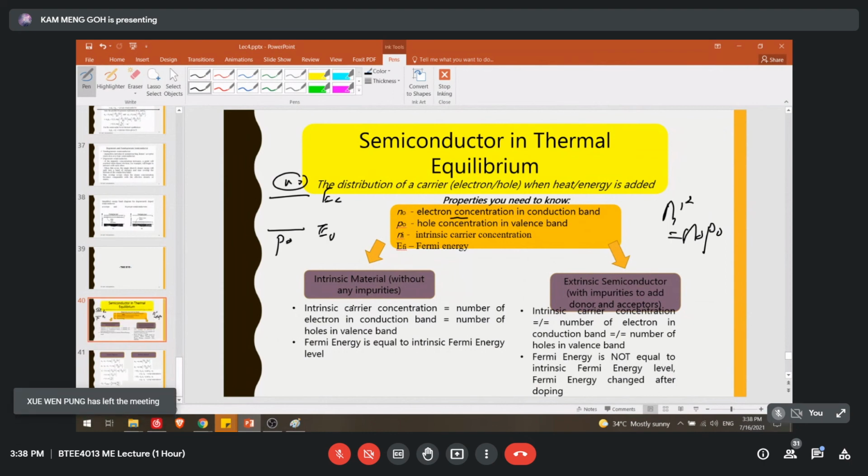Without any impurities, Ni equals NO equals PO, everything is in equilibrium, and then your EFI will be equal to EF. In the extrinsic case, your NO will not be equal to Ni because everything will be changed. You add the extra thing inside there, then your EFI is not equal to EF. It will change, depending on whether it's N type or P type.